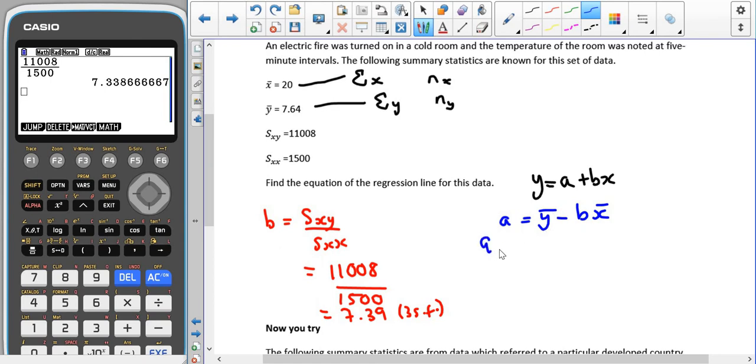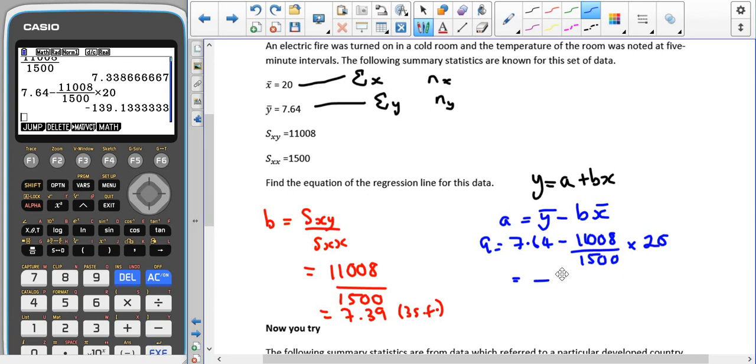So for a, we're going to have y bar, which is 7.64, minus 11,008 divided by 1,500 times x bar, which is 20. And when we put that into our calculator, so 7.64 minus 11,008 over 1,500, or you could have written down the simplified form from your calculator in part A, when we were calculating b, times 20.